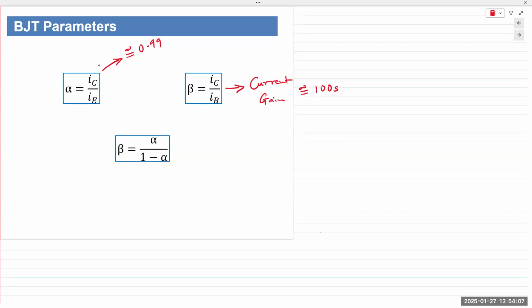So the way this would work with the BJT is you would apply a small AC current to the base, and then an amplified output is obtained at the collector.